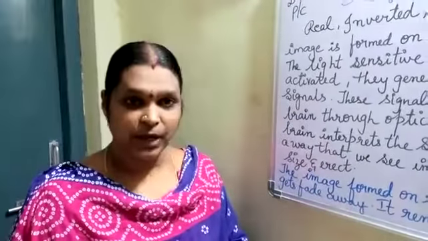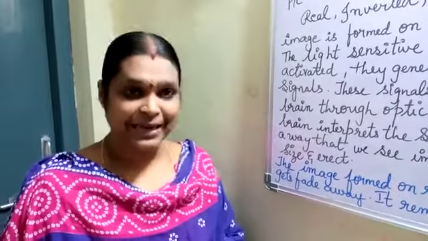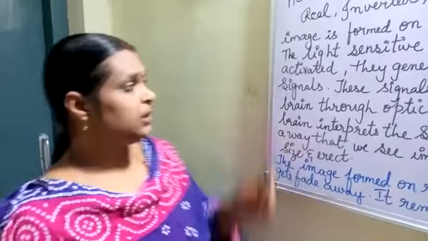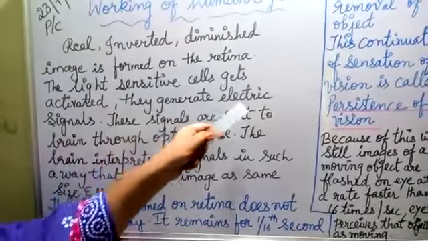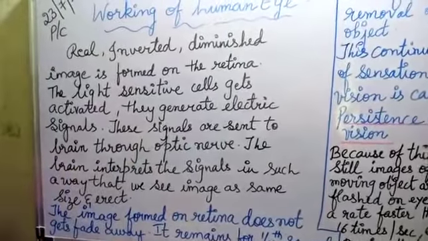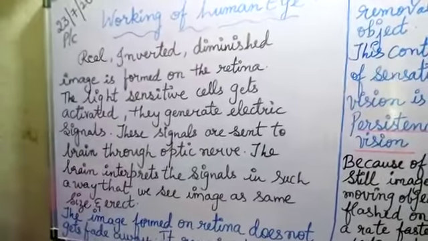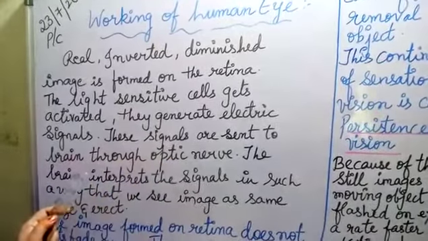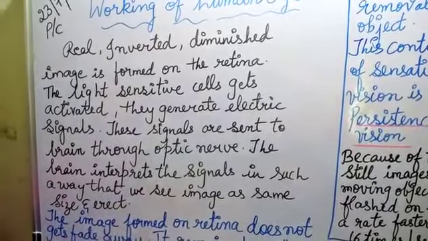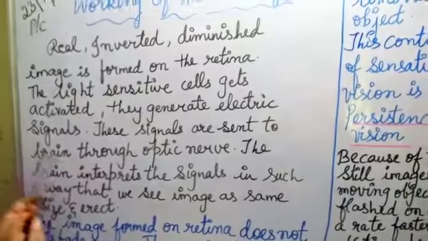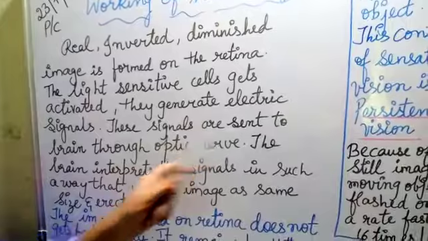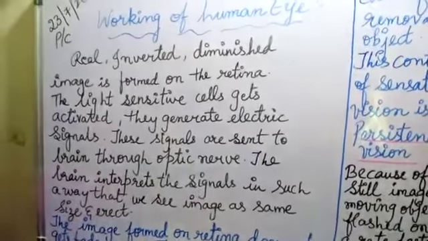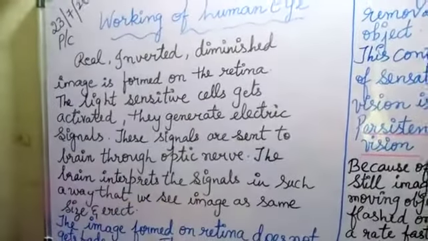When the light ray falls on the retina, these light sensitive cells get activated and generate electric signals. These signals are sent to the brain through the optic nerve. We know the function of the optic nerve is carrying the messages.